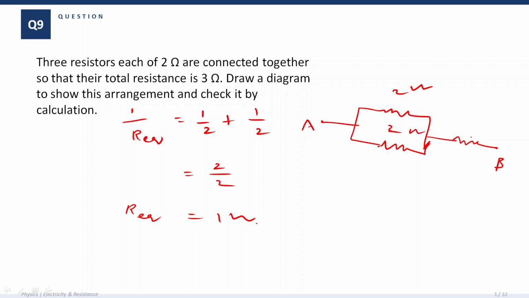So the resultant of these two is 1 ohm, and the resultant one is in series with 2 ohms. Therefore, the total resistance RT equal to 1 plus 2, that equals 3 ohms.